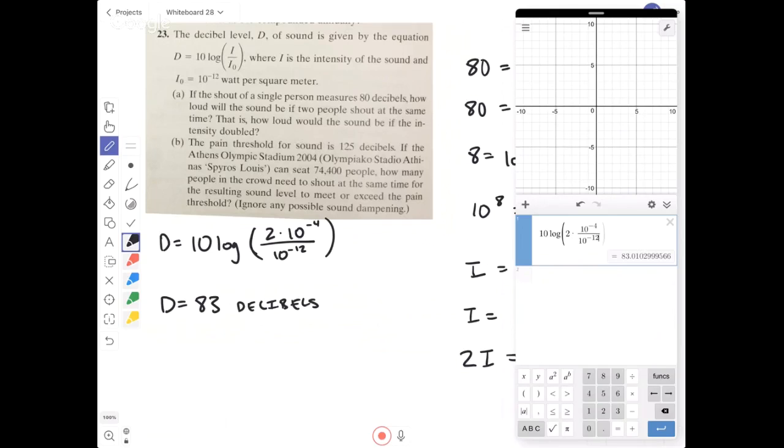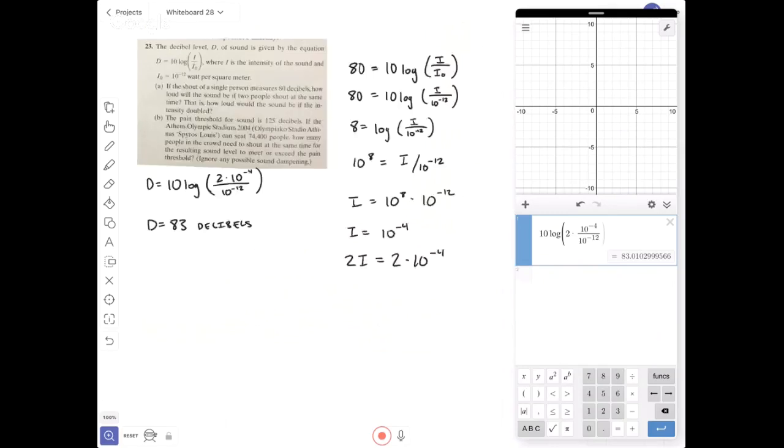The pain threshold for sound is 125 decibels. How many people in the crowd need to shout at the same time for the resulting sound level to meet or exceed the pain threshold, ignoring any possible sound dampening? So we want to know how many people need to be shouting.